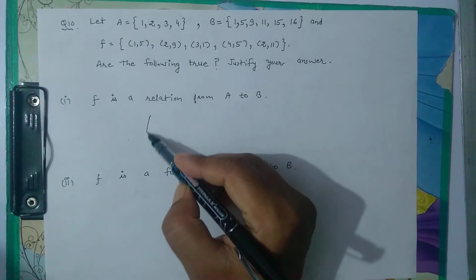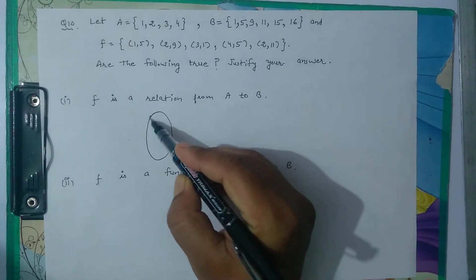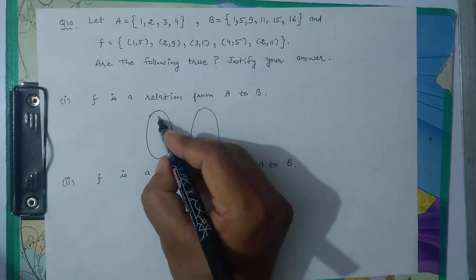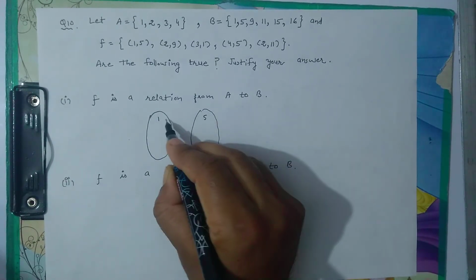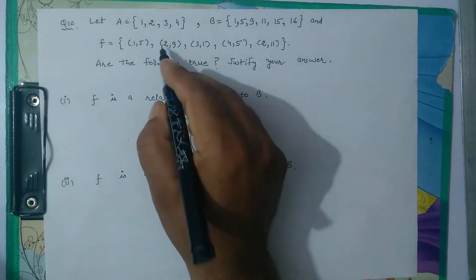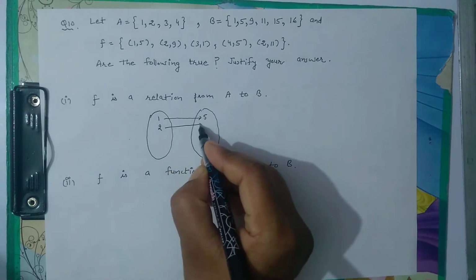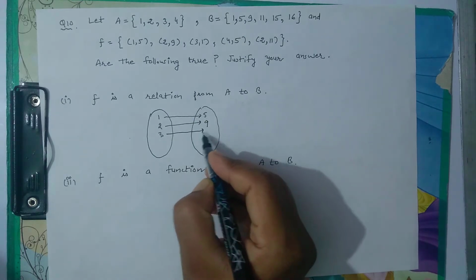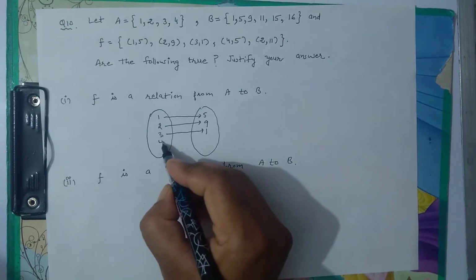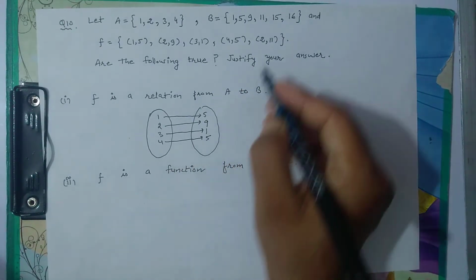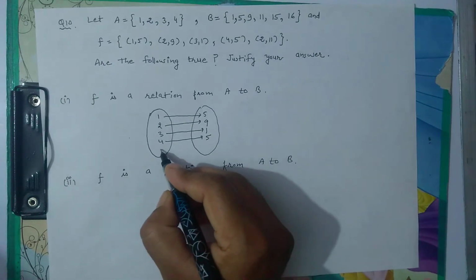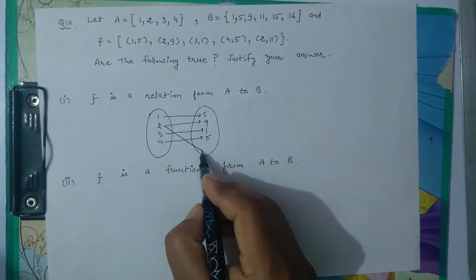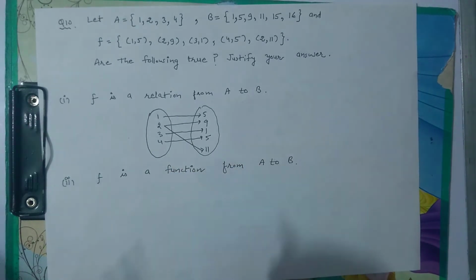So what is the meaning of relation? (1, 5) is okay. (2, 9) is okay. (3, 1), no problem. (4, 5), no problem. (2, 11), no problem.